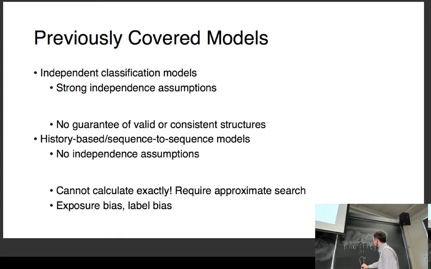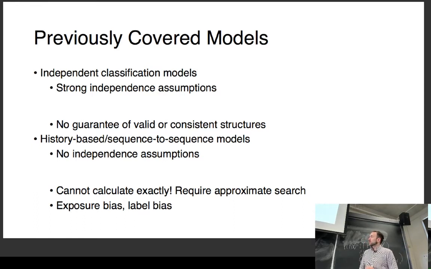Instead, we model according to this equation, where the next one is conditioned on our input, and then all of our previous decisions like this. This looks familiar, right? This is what we talked about before in sequence-to-sequence models.